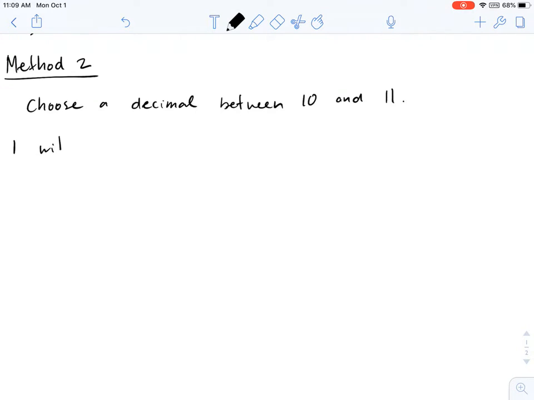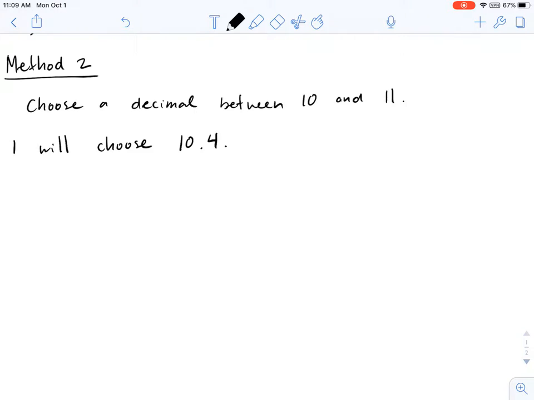I will choose 10.4. So 10.4 is a number between 10 and 11, but we want to find a number that after square rooting it will get us a number between 10 and 11. So all we need to do is do the reverse of the square root, which is squaring a number.